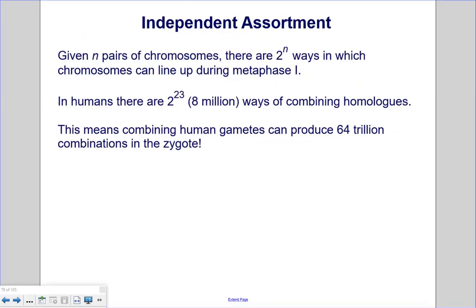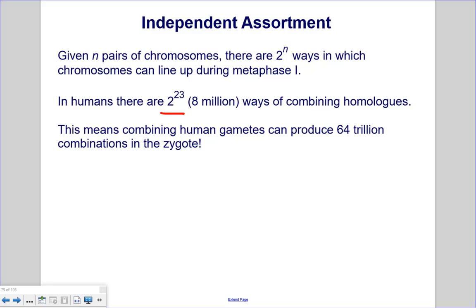Independent assortment. Given n pairs of chromosomes, there are 2 to the n ways in which chromosomes can line up during Metaphase I. In humans, there are 2 to the 23rd, or 8 million ways of combining homologs. The reason why we have that number 2 to the 23rd is because we have 23 sets of chromosomes and 2 chromosomes in every pair.